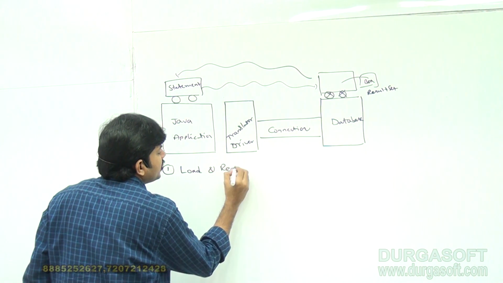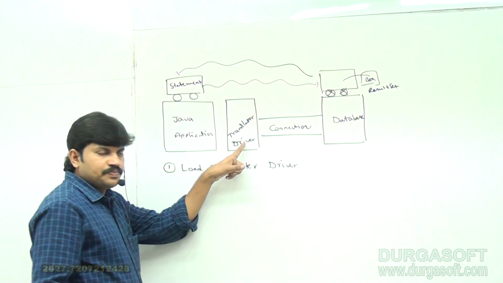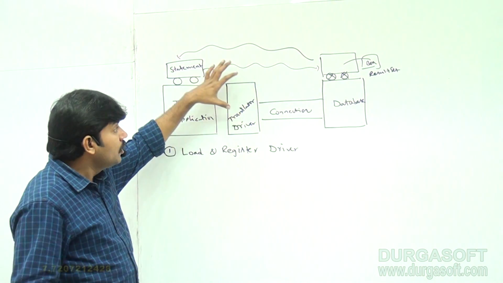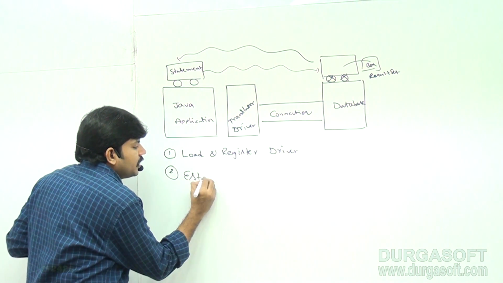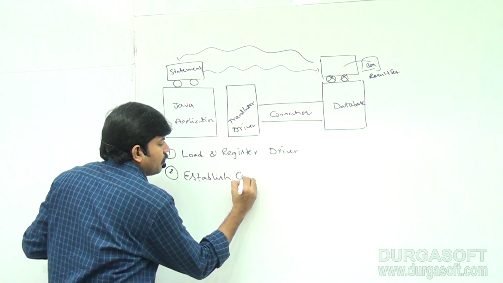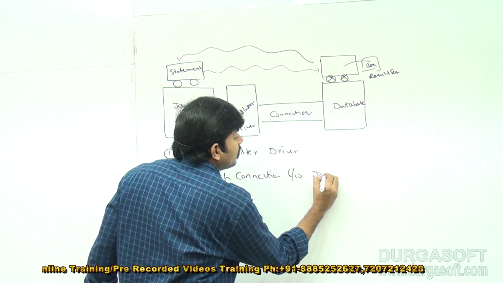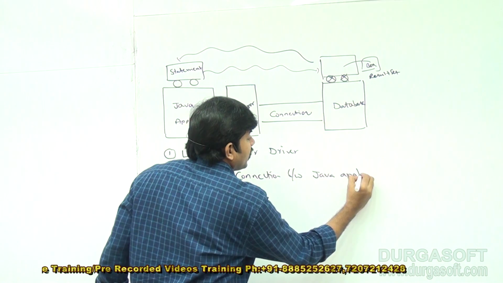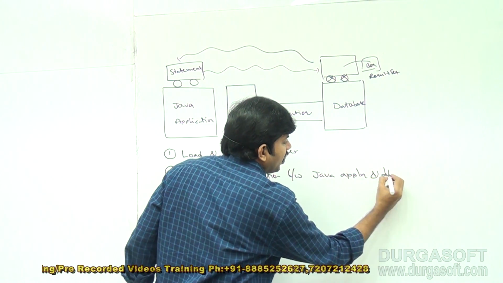Load and register driver. What is the first one, sir? Load and register driver. First we have to think about the translator. What is the second step, sir? Establish connection between Java application and database.